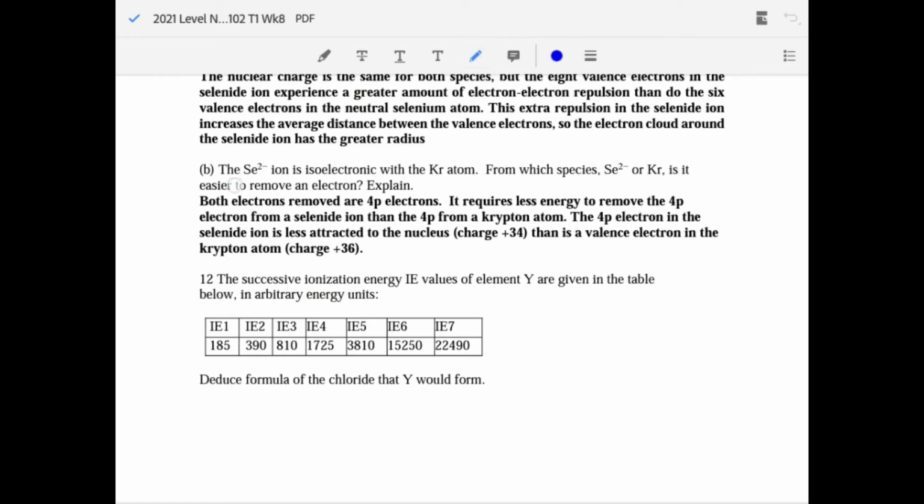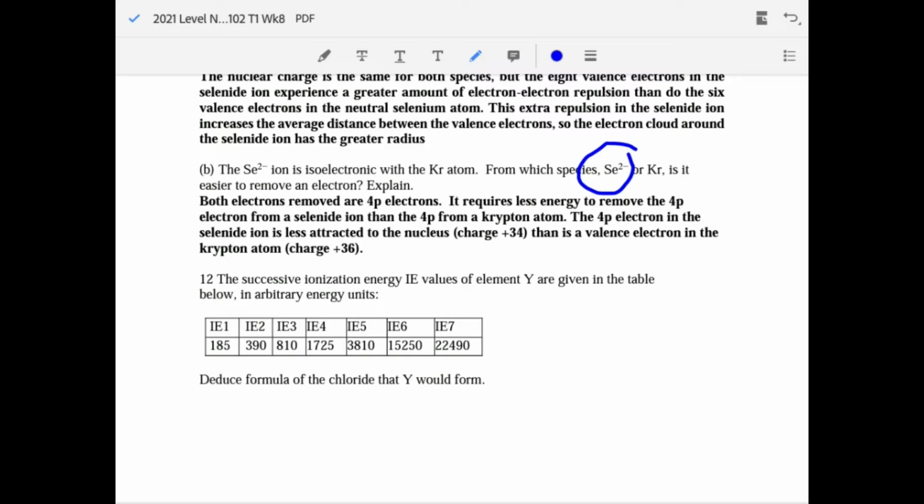The Se2- ion is isoelectronic; is it easier to remove an electron? Well, that depends on the charge and the electrons and how they interact. So both electrons are from the p orbitals, and because they're all in the same orbitals, because they're isoelectronic, they're none of the exceptions. And it requires less energy to remove a 4p electron from a selenide ion, simply because it's not its natural state.